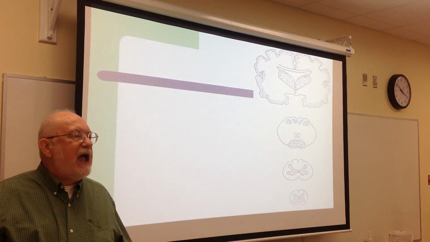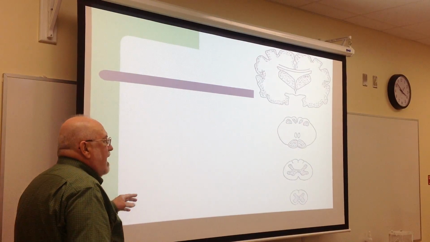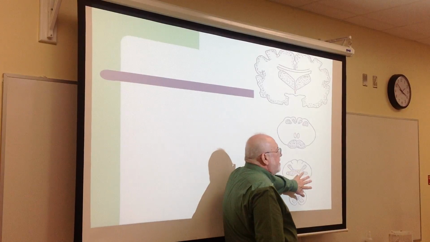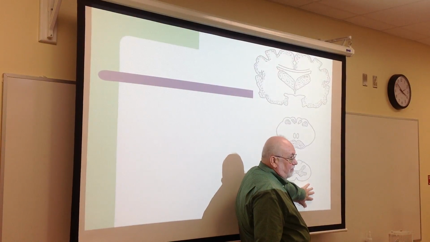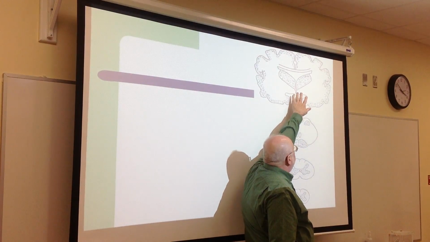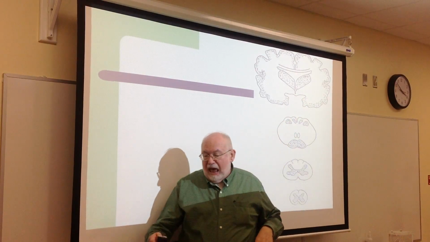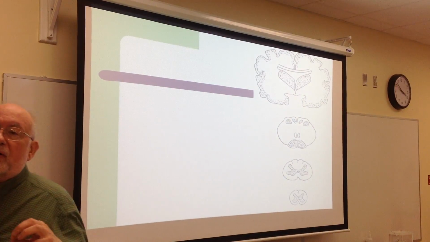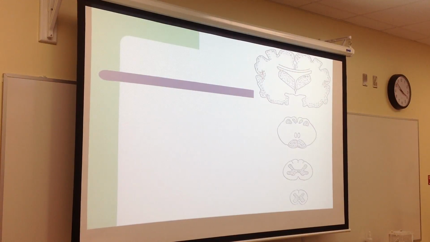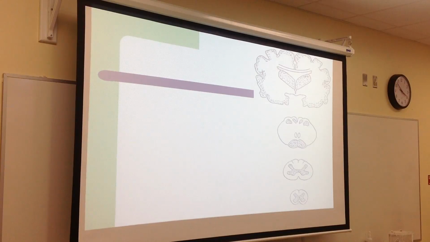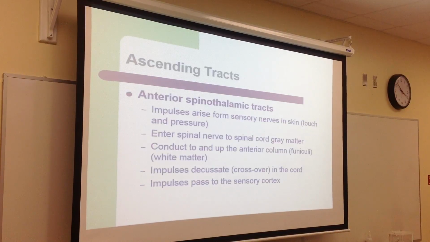Now, spinothalamic. It starts somewhere in the cord at some level. It goes up to the thalamus. All right? Now, what that means is there's going to be one neuron that goes from the spinal cord level where this enters up to the thalamus. Now, you'll see here in a bit.